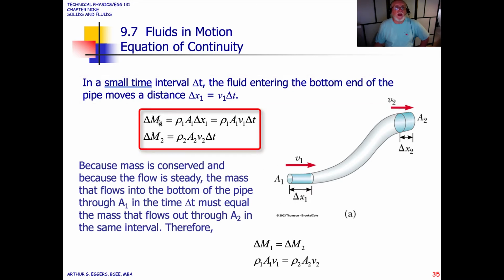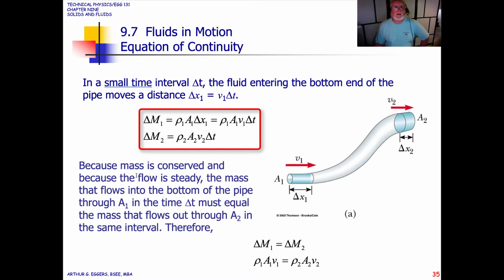So if we look at the delta mass, we get rho 1, cross-sectional area 1, and delta x1, equal to rho 1, A1, v1 delta t. The change in delta m at the exit then becomes the same, but now we have rho 2, A2, v2, delta t.